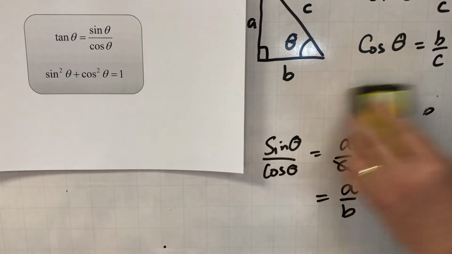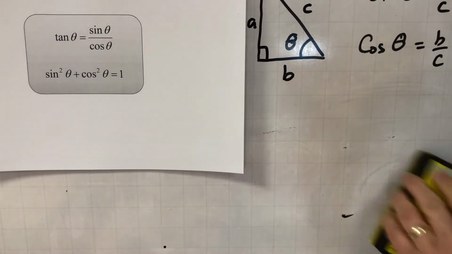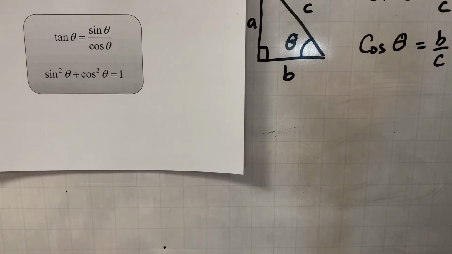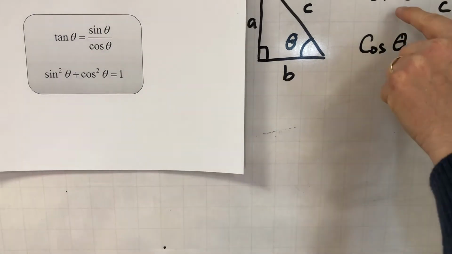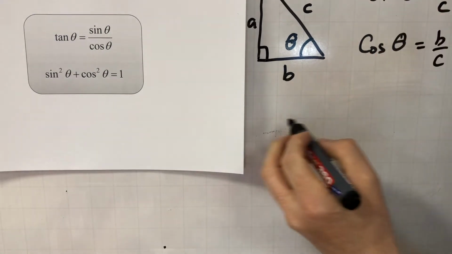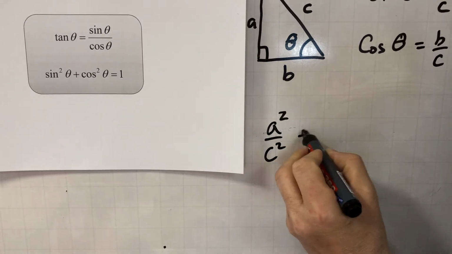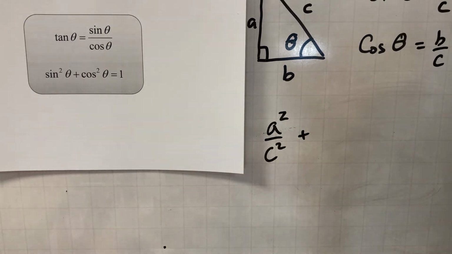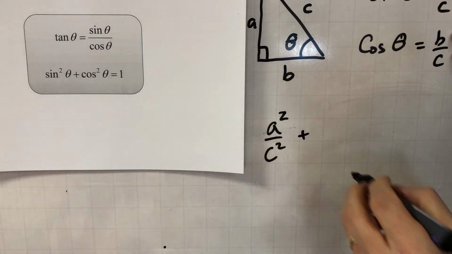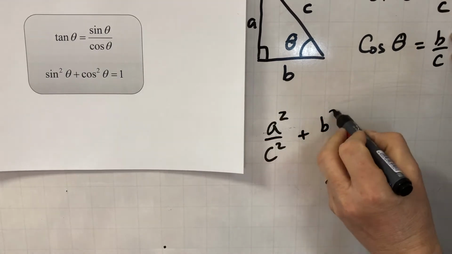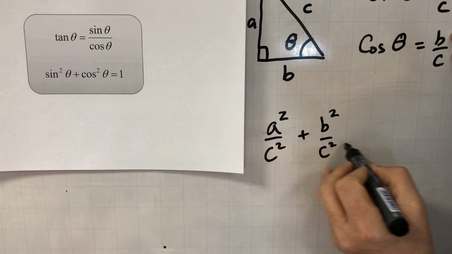Now for the second one. For the second one, we need sine squared. So there's sine. So sine squared will be that squared. And cos squared would be that.